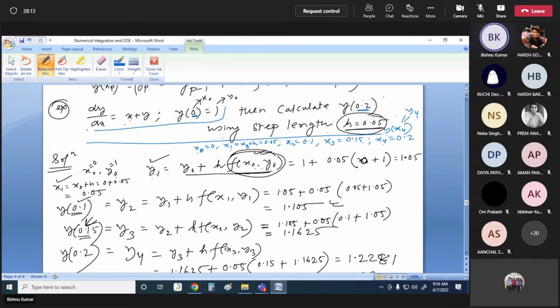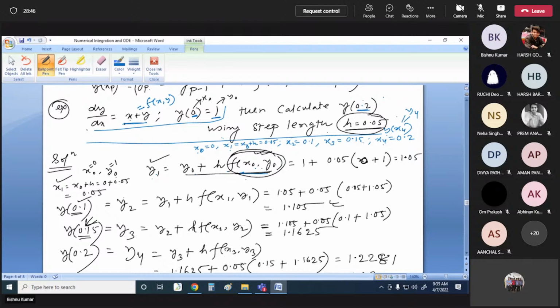Using this several variable function, you calculate the value by putting x0 in place of x and y0 in place of y. What is h here? H is given in the question. Y0 is 1, so 1 plus h means 0.5 times x0 plus y0. X0 is 0, y0 is 1.